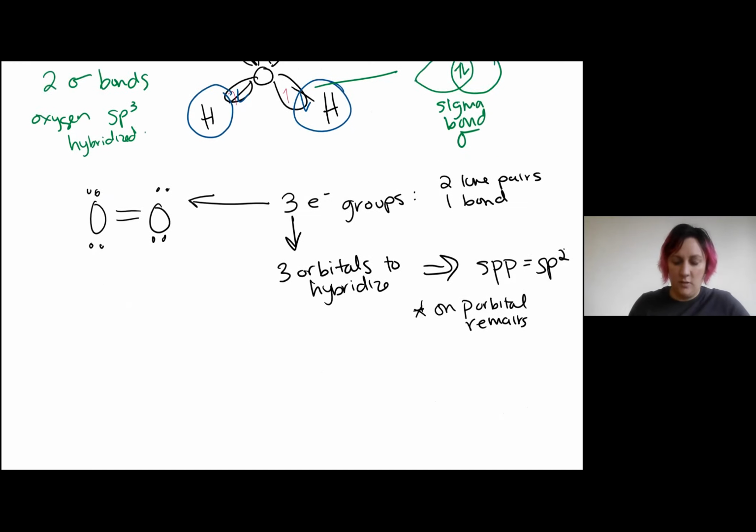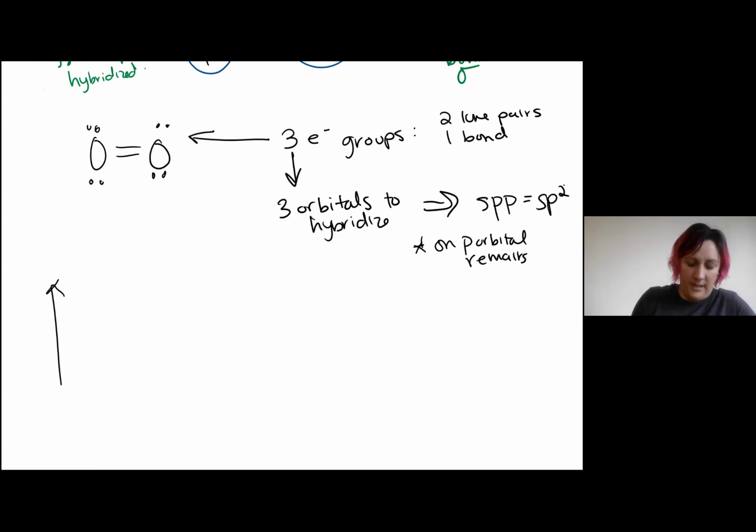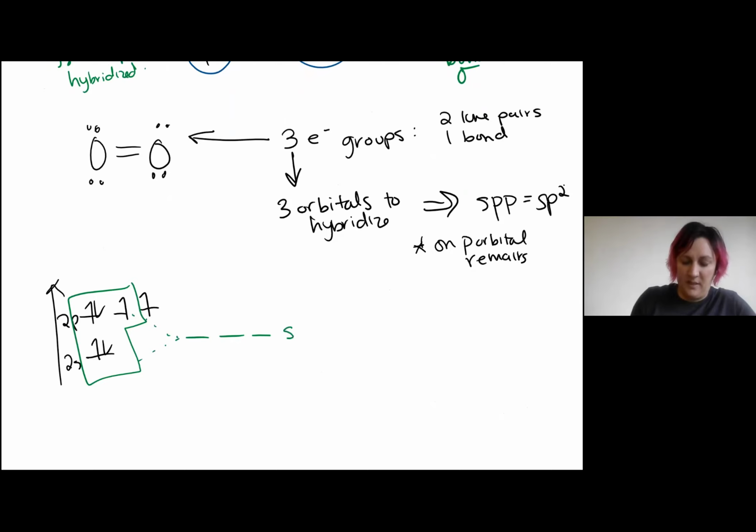So if I want to show this using my orbital diagram, here's just an oxygen. I'm going to hybridize 3 of these. So these are my sp2 hybridized, and I still have 1 p orbital left over.